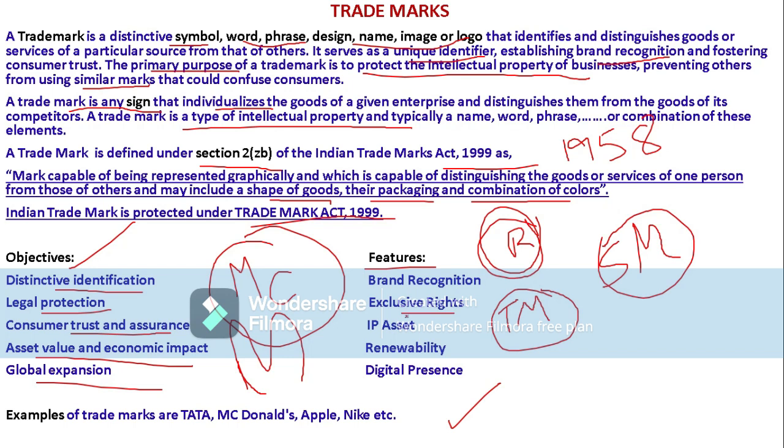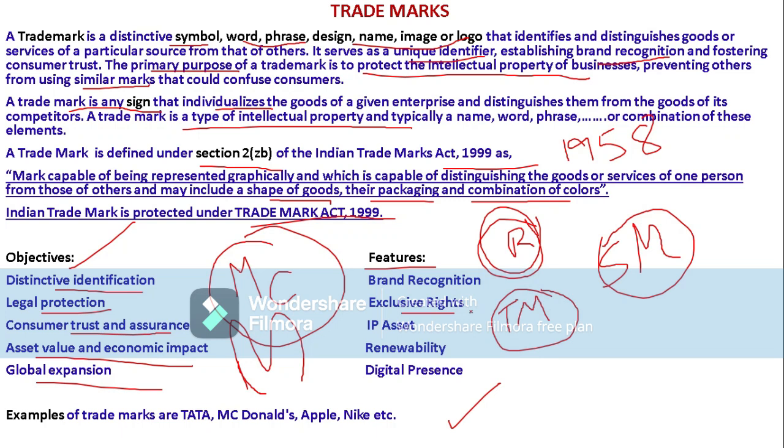Exclusive rights means nothing but that the person who has a registered trademark for his product or service is the only one who can sell that product. Entirely exclusive rights on that particular product or service will be with that owner only.